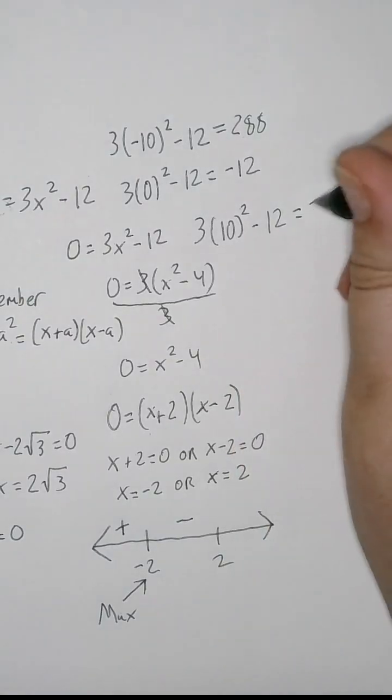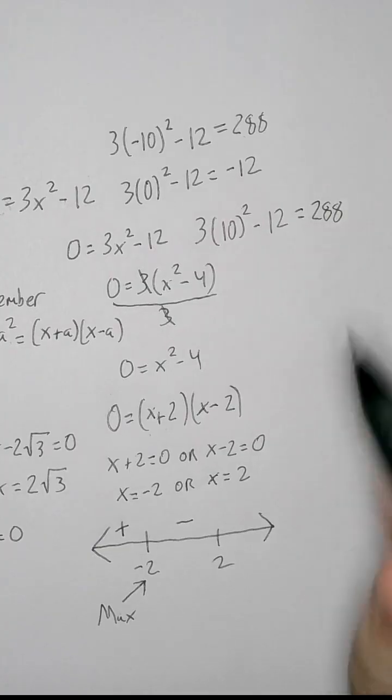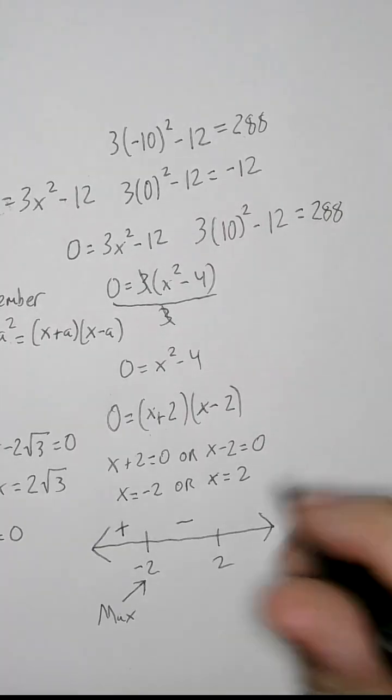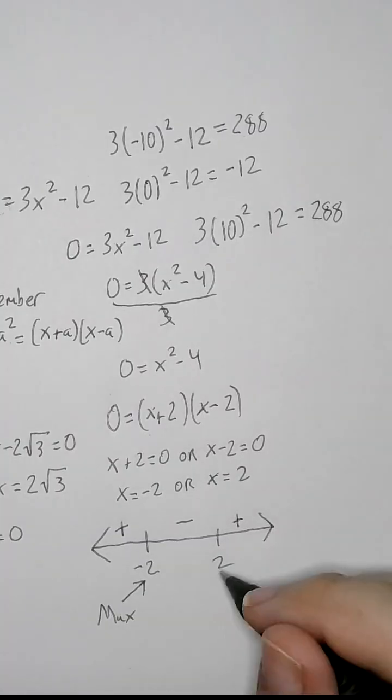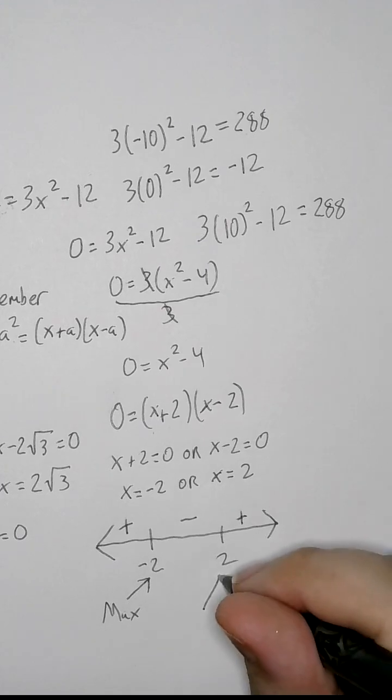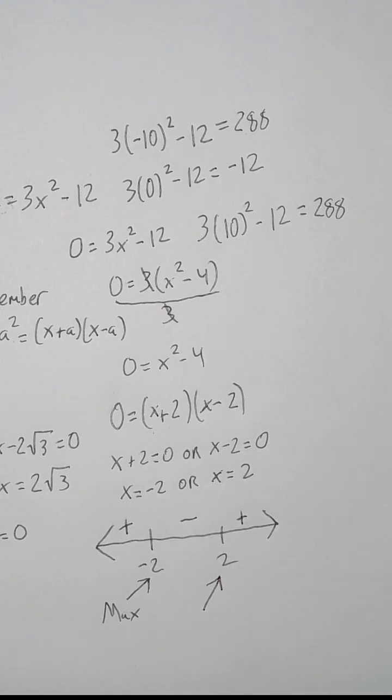Minus 12 is 288. Now, 288 is positive. So that means from 2 to infinity, my slope's going to be positive. That means, what would 2 be? Is that going to be a maximum or a minimum?